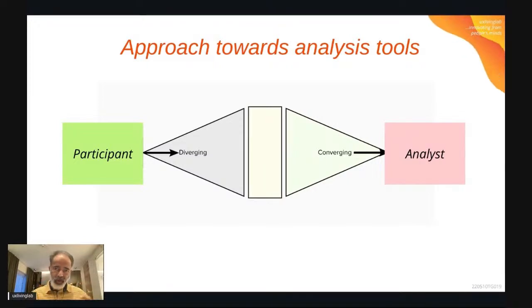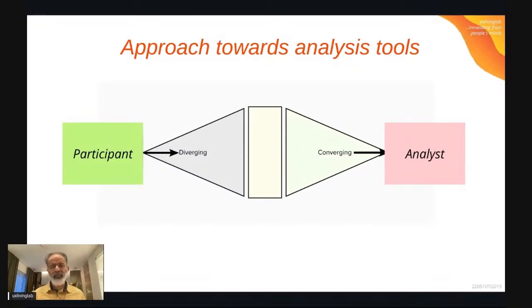The purpose of the tool is that you have to explore the data into different possibilities and all the combinations. The data can work on multiple models and combinations of models. It's exploring and concluding towards the analyst. This is a basic approach towards any tools you use, whatever the tools may be.